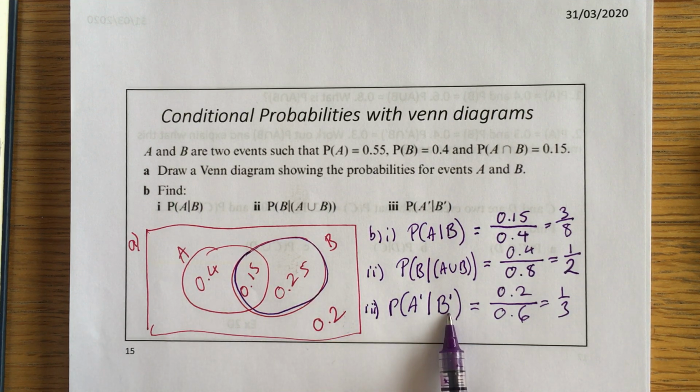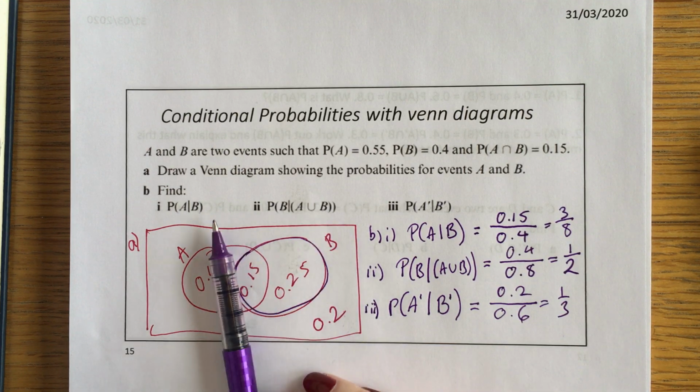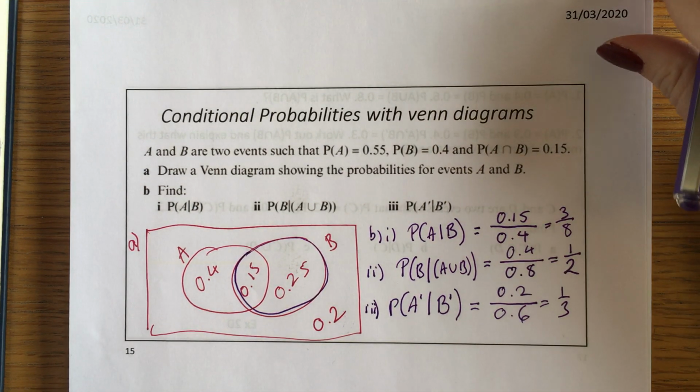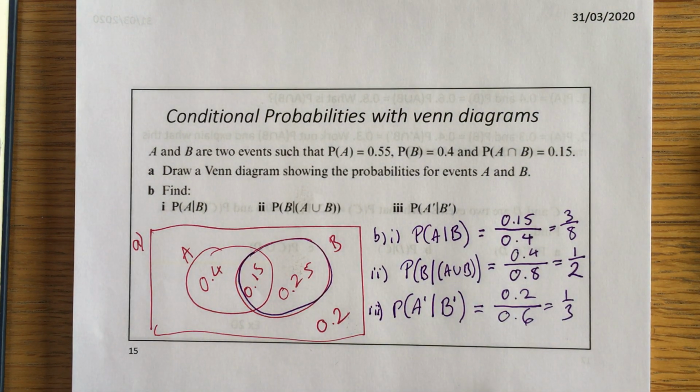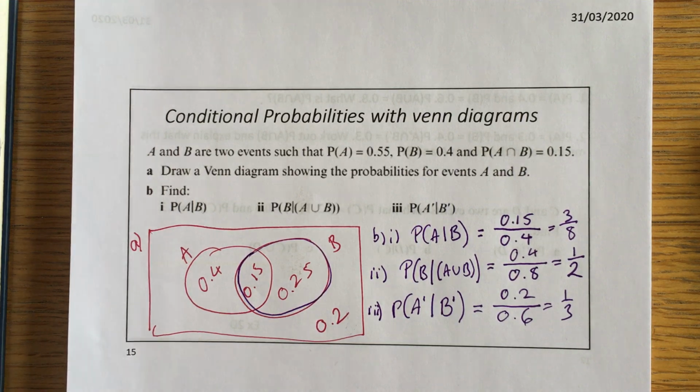So if B doesn't happen, there is a third chance that A also does not happen. Because A not happening is 0.2 out of a total of 0.6. So we've kind of done conditional probability, just understanding that my denominator is out of what's already happened.